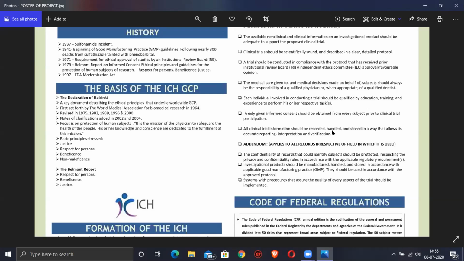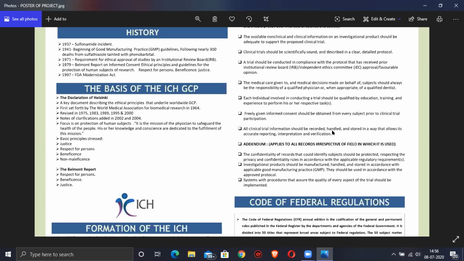It mentions that this is irrespective of the type of media used. So we have to ensure that data handling is done appropriately for hard copies as well as for electronic or e-copies, or any other mode. That is the first addendum.